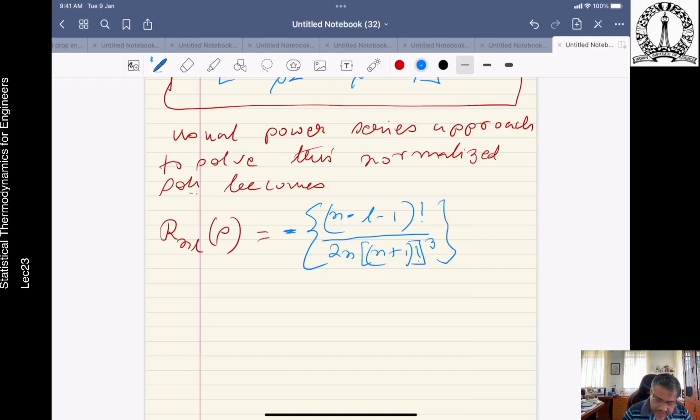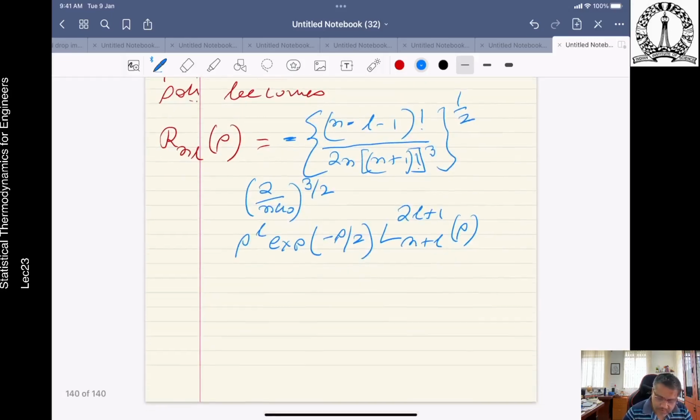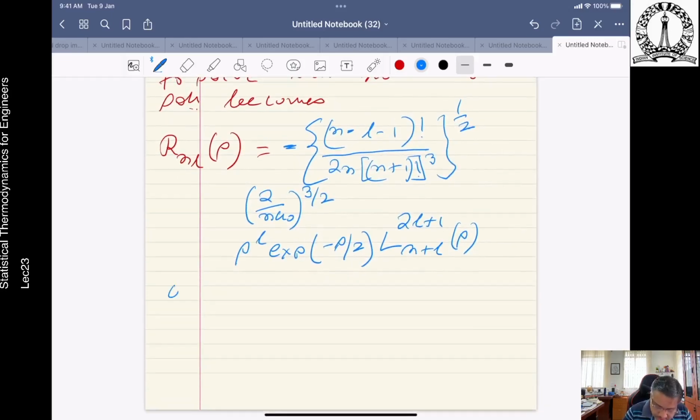Then this entire thing is raised to the power 1/2, and the second term is 2 over n a naught raised to the power of 3 by 2. Then you have rho to the power L, exponential minus rho by 2, L of 2L plus 1, n plus L.